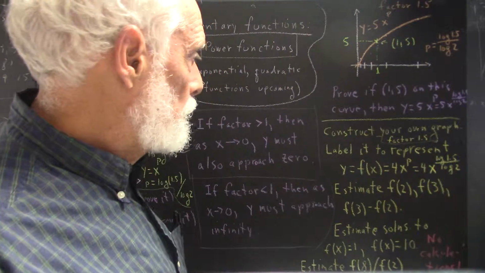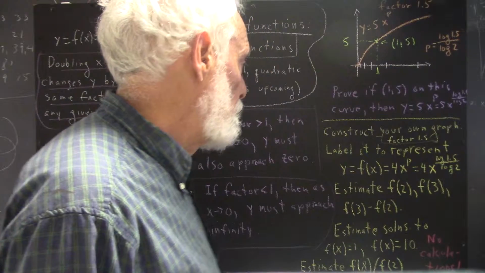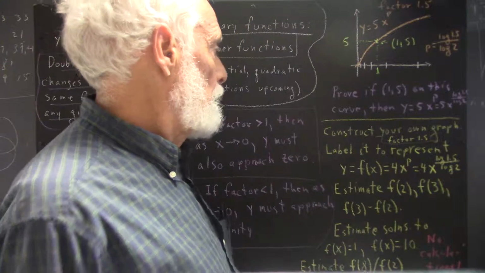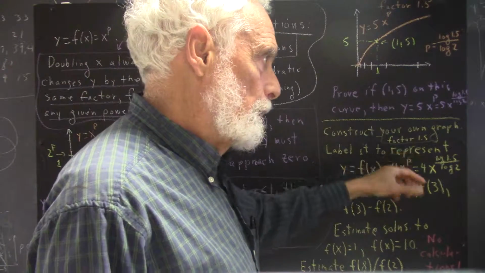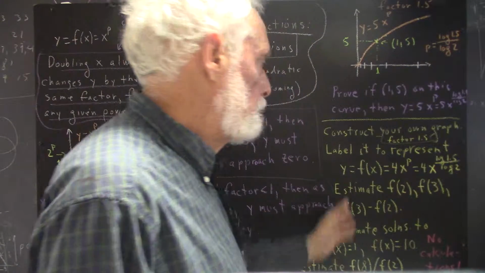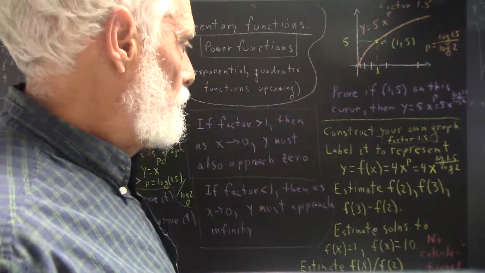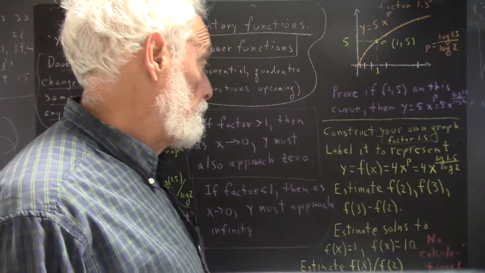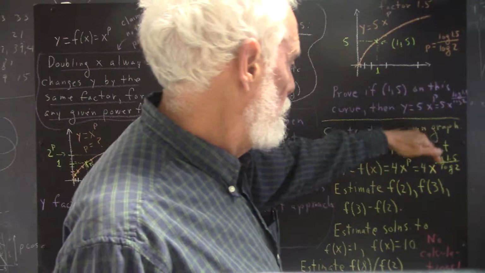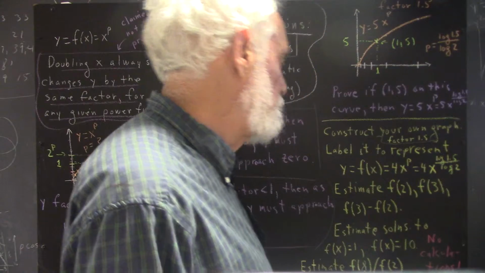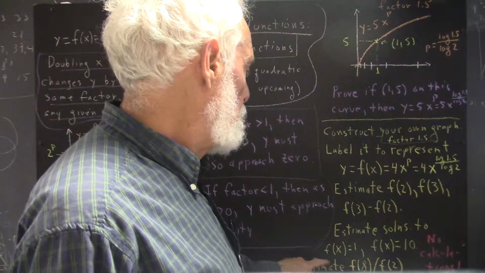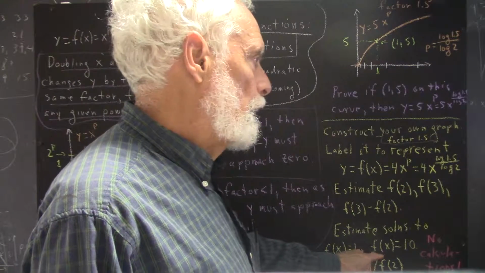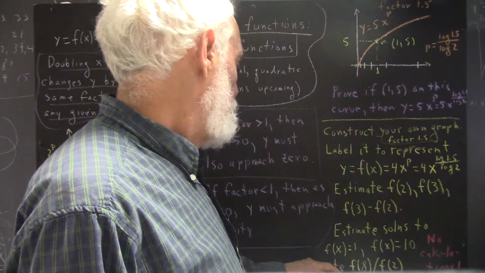Then I ask you to construct your own graph, factor 1.5, and do something like what we've done up here, except label it to represent 4x to the p. No calculations here. This is all just numbers and estimates. Then estimate f of 2, f of 3, f of 3 minus f of 2, and estimate the solutions to the equations f of x equals 1, f of x equals 10.